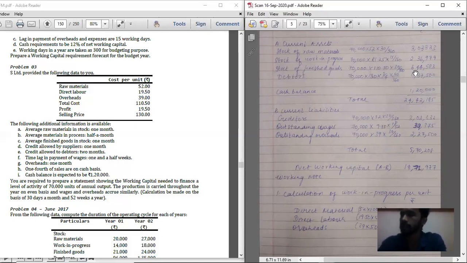I am getting a different answer, but in the notes it is different. 3,03,333 plus 2,36,979 plus 6,44,583 plus 11,37,500 plus 1,20,000. The total amount is 24,42,395, not 185, it is 395.